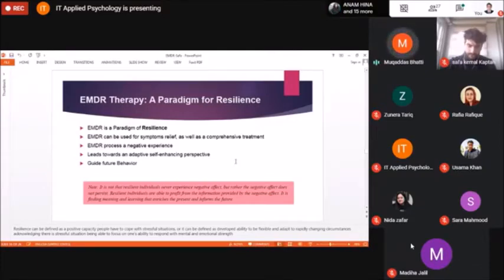Acknowledging that there are stressful situations, but being able to focus on our abilities and capacity to respond with mental as well as emotional strength.